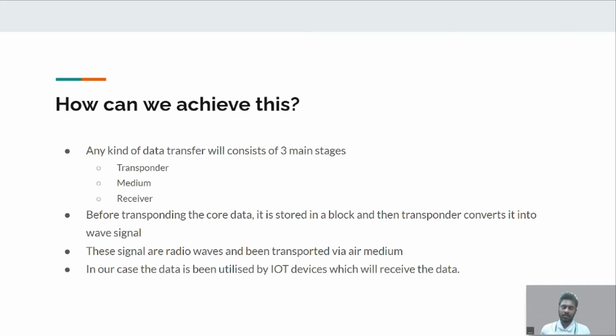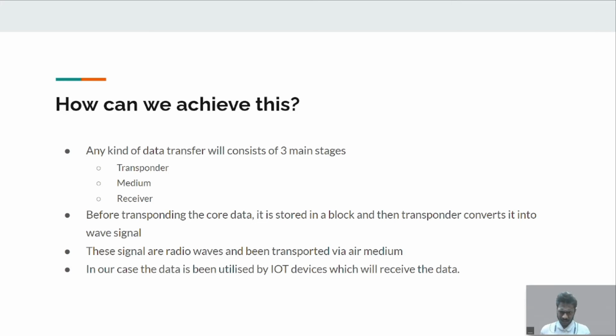So how can we actually include a blockchain into this? The main code data which we want to send will be stored in a block, and this block will be converted from one form to another, which is nothing but encoding of the data.